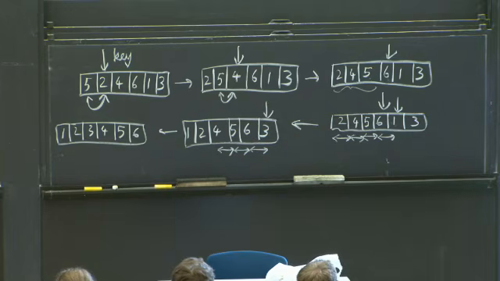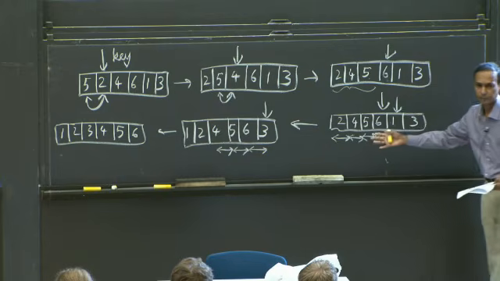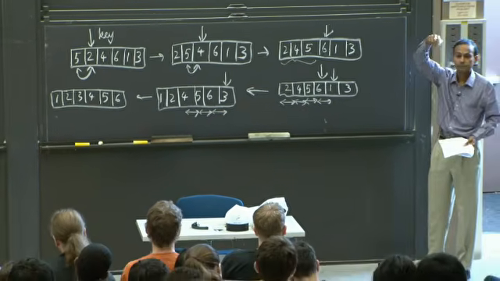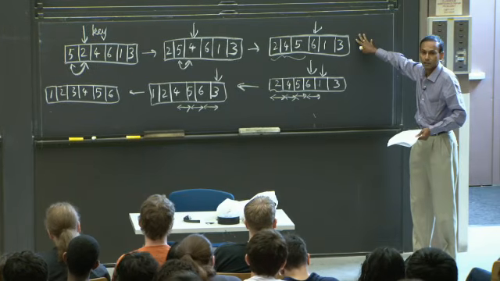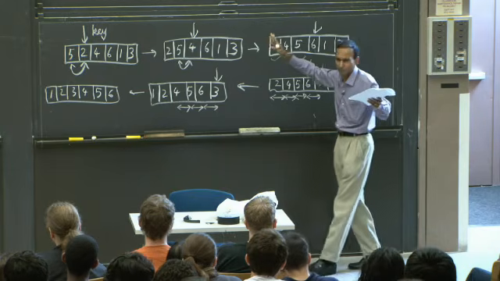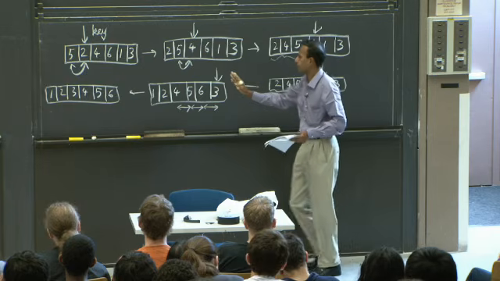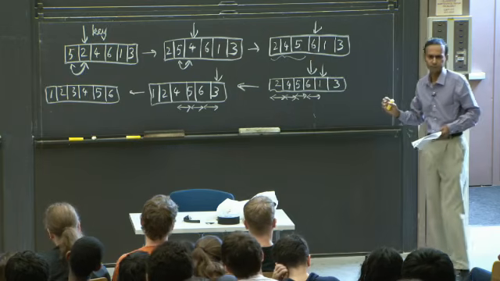So, analysis. How many steps do I have? If I think of a step as being a movement of the key, how many steps do I have?